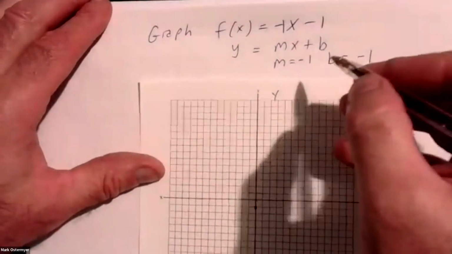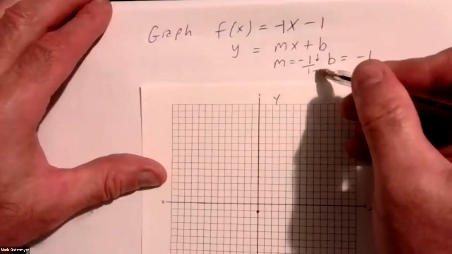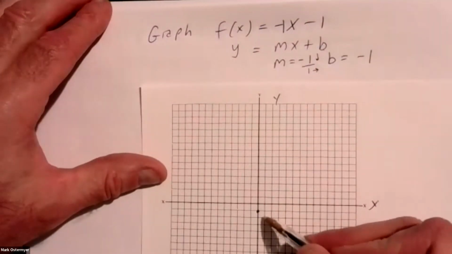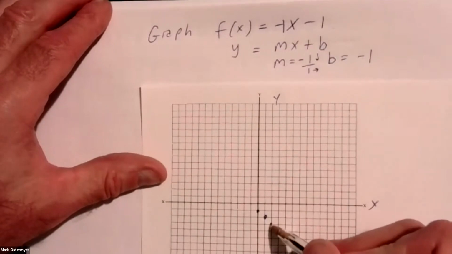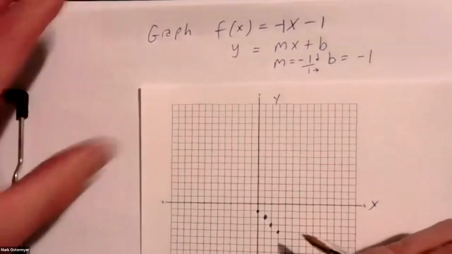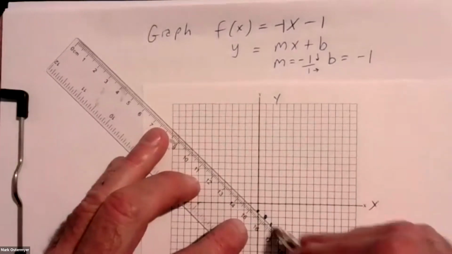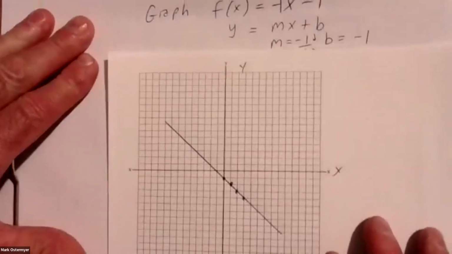So the slope being -1 says for every 1 unit I go down, I would go 1 unit to the right. So starting at my y-intercept, if I go down 1 unit and 1 unit to the right, I plot another point. Let's do that again. Down 1, 1 to the right, plot point. Down 1, 1 to the right, plot point. So now I'm going to take a ruler and put a line to these points. And we have the graph of that first definition of this piecewise function.